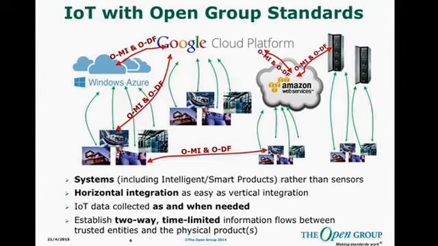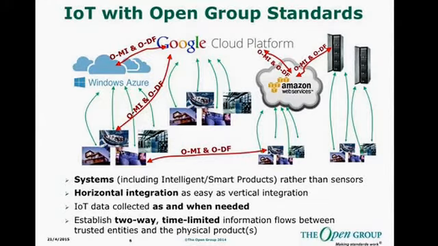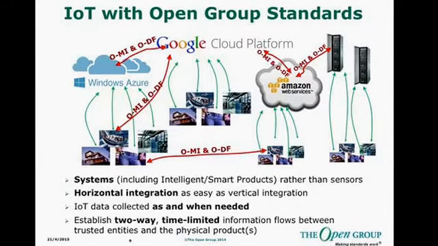So with OMI and ODF, we think that horizontal integration should be as easy as vertical integration, and even vertical integration should become much easier than it is now when you have appropriate standards for doing it. The purpose is that you should be able to collect the data as and when needed on the fly without having to do any programming or systems integration.